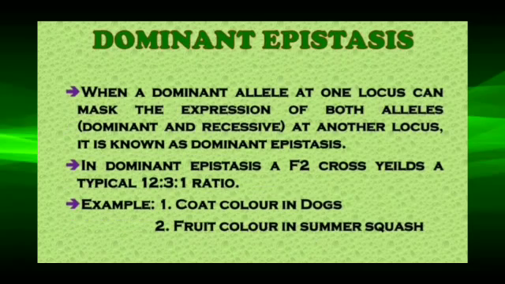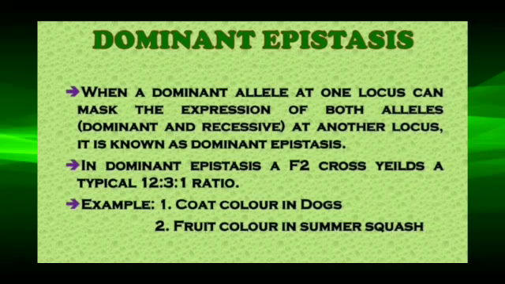When a dominant allele at one locus can mask the expression of both alleles, either dominant or recessive, present at another locus, it is known as dominant epistasis. In dominant epistasis, the F2 cross yields a typical 12:3:1 ratio.